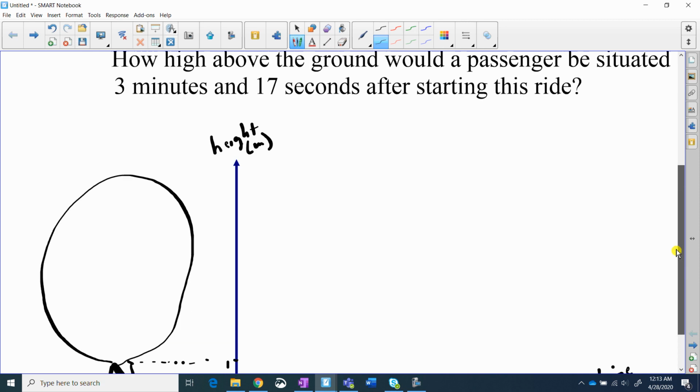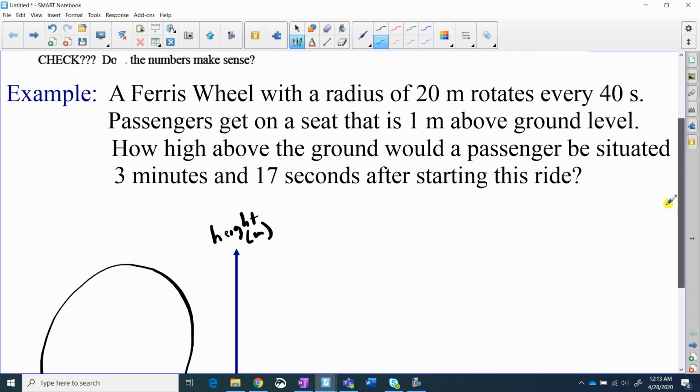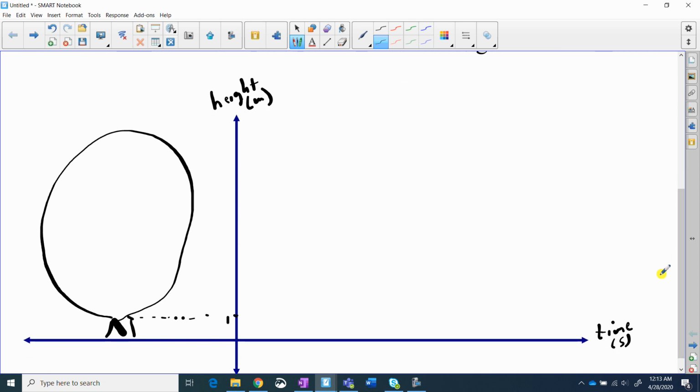What else do we have? The Ferris wheel has a radius of 20. Think of it like the unit circle. We're going to map their path around, figure out where they are at each point, and take height readings until they're back to where they started.